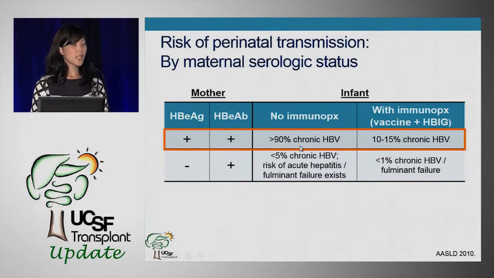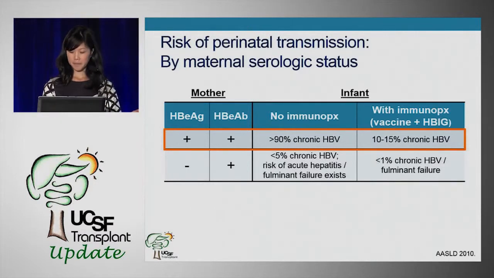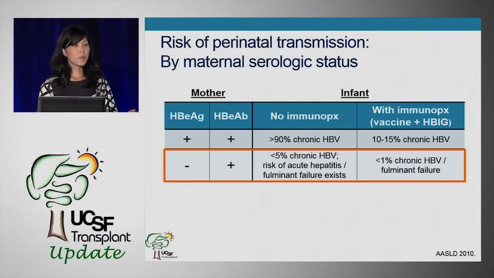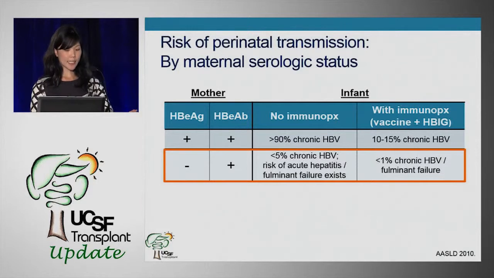If the infant does receive immunoprophylaxis that consists of vaccine and HBIG within 12 hours of delivery, the risk of chronic hepatitis B developing in the infant is significantly decreased, but still quite elevated, 10 or 15%. If the mother is E antigen negative, in the absence of immunoprophylaxis, the risk of chronic hepatitis B transmission is not that high.